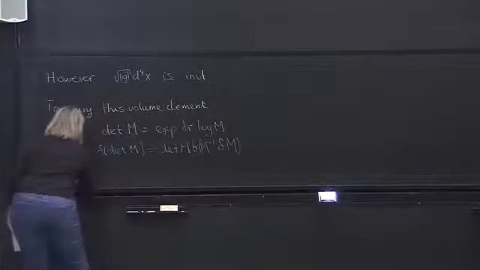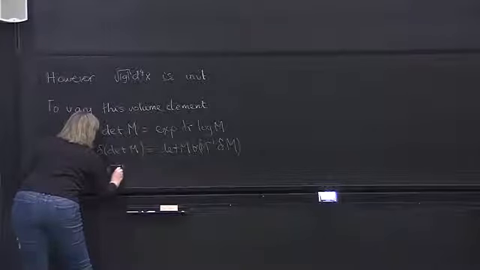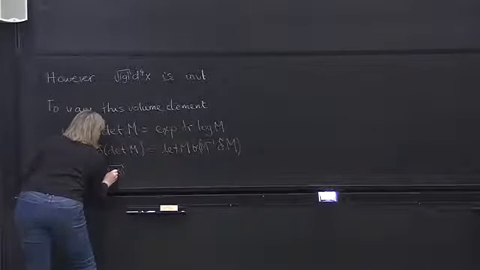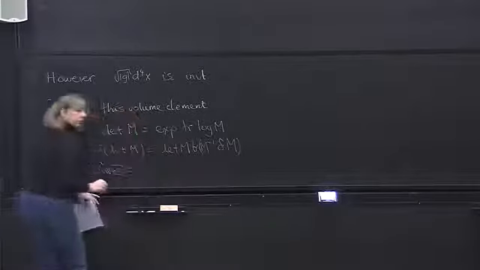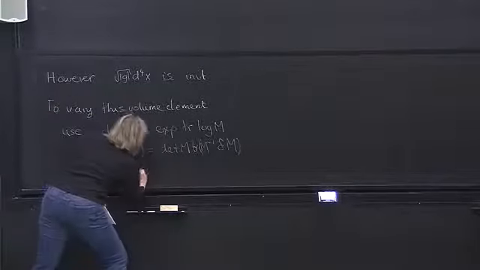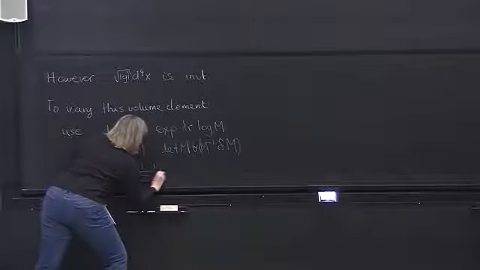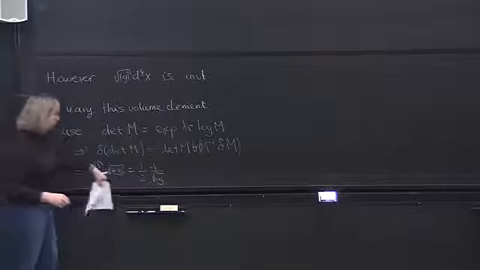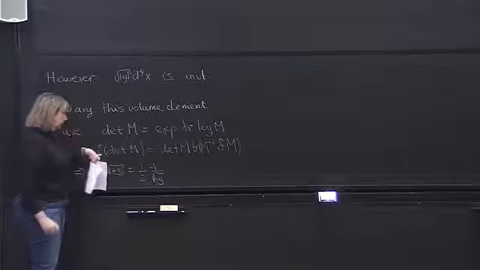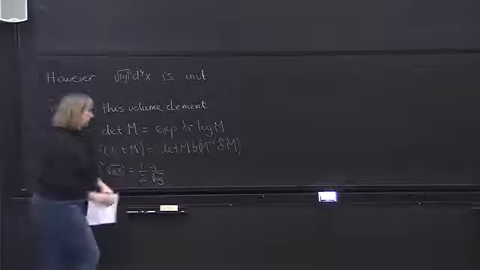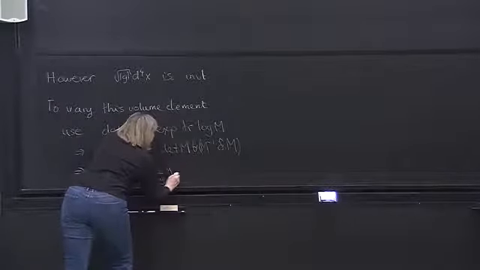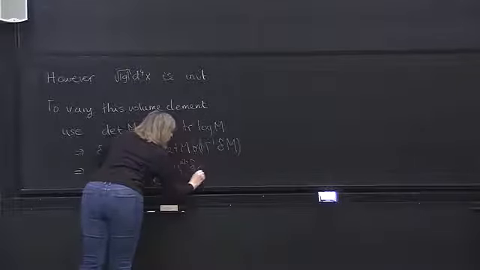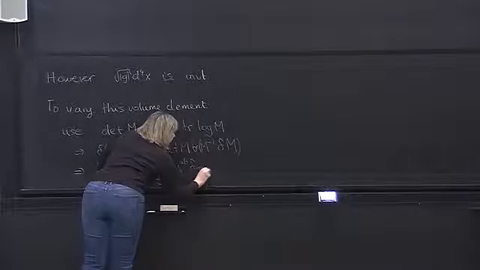So if we want to do delta of root g, actually it's root minus g for us, then we're going to get a half from the square root. We get 1 over root minus g, or rather minus 1 over root minus g, because we've got the minus sign in here. Then we've got delta of det g, which gives us det g, trace g inverse delta g.